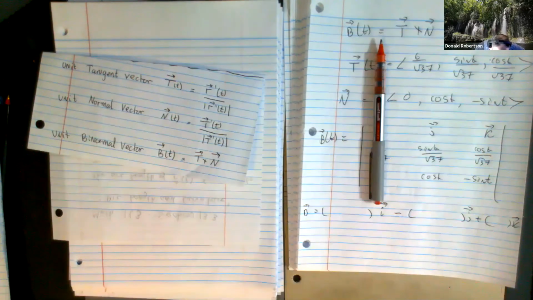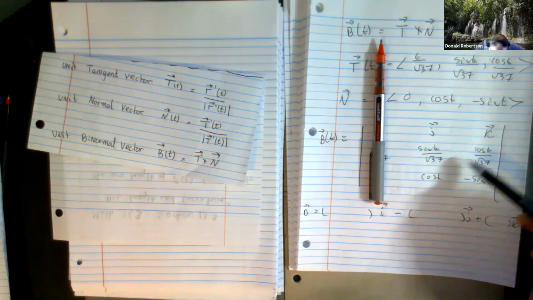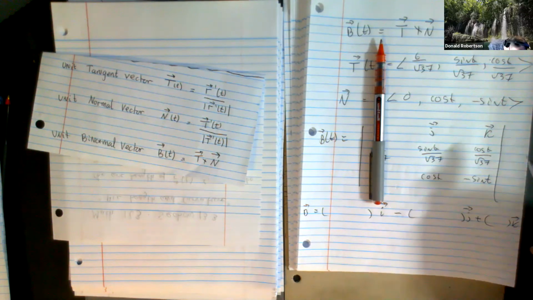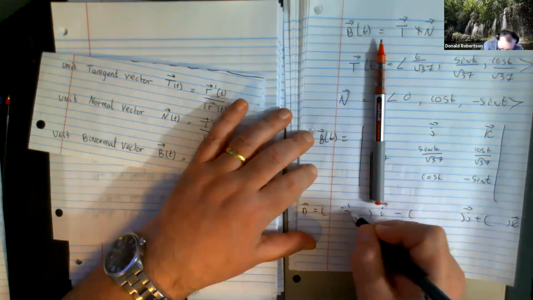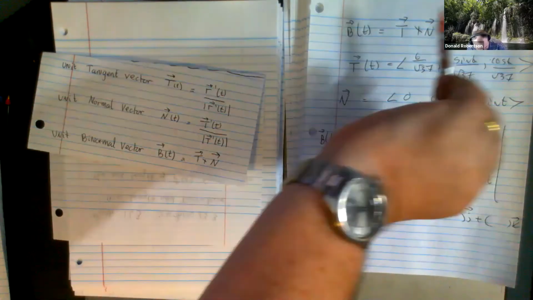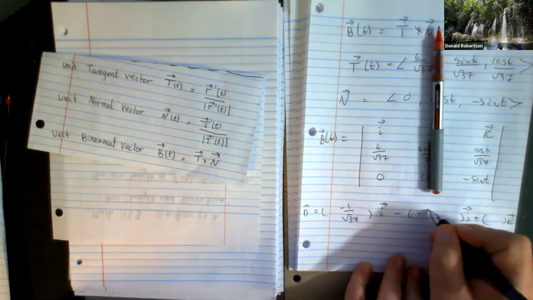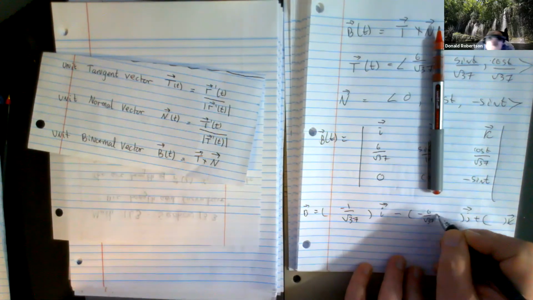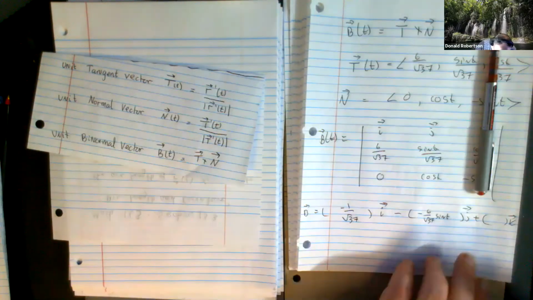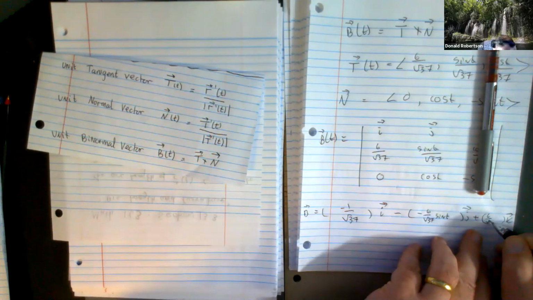If you go this way, you get negative sine squared over root 37. You go this way, you get negative cos squared over root 37. That ends up being negative 1 over the square root of 37, because of the sine squared plus cos squared trick. If you do this one, you just get a negative 6 over the square root of 37 sine t. And if you do this one, you only get that guy because this is 0. So you get a 6 over square root of 37 cosine t.